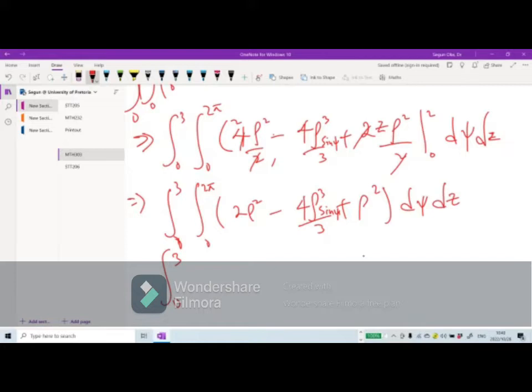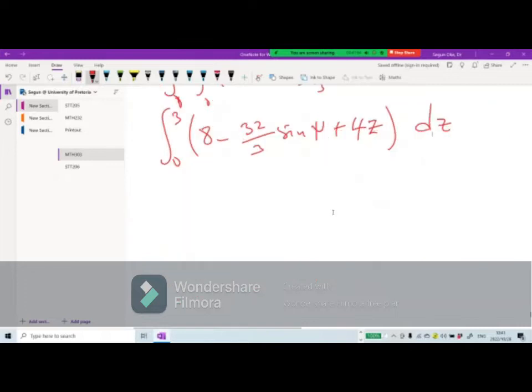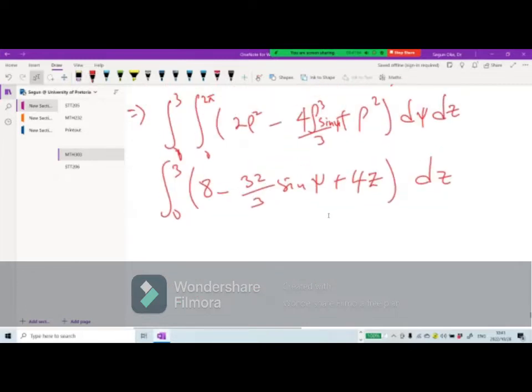If you integrate it very well, you are going to have 8 minus 32 over 3 sine psi plus 4z dz. So if you integrate this one very well, then when you now substitute, we are left with this.